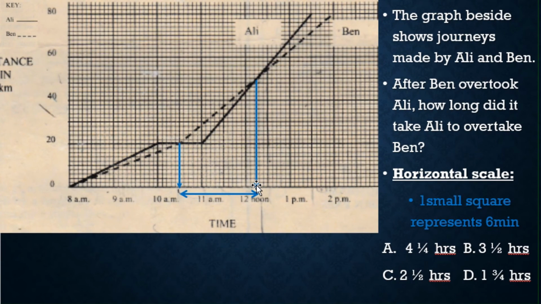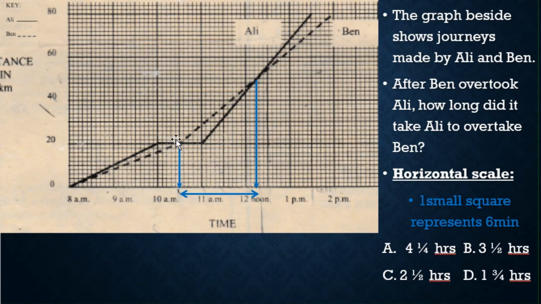So we subtract the difference between 12:15 and 10:30, which gives us 1 hour 45 minutes. 45 minutes, we convert it into hours. We divide 45 by 60. When we simplify, this gives us 3/4 of an hour. So it took 1 3/4 of an hour for the two to overtake each other.